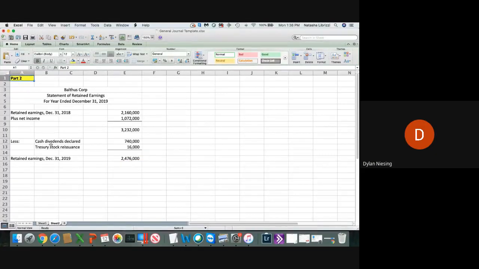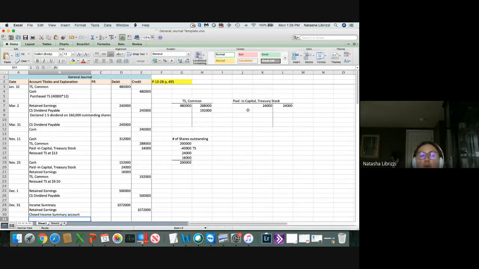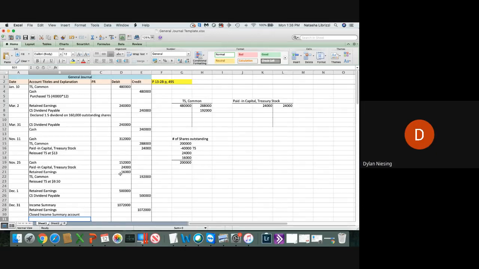Where were you getting the treasury stock reissuance number? Okay, that came from this entry for November 25th when we had to reduce our retained earnings because when we sold it for $950, we had nowhere else to go. All right. Okay, I see.